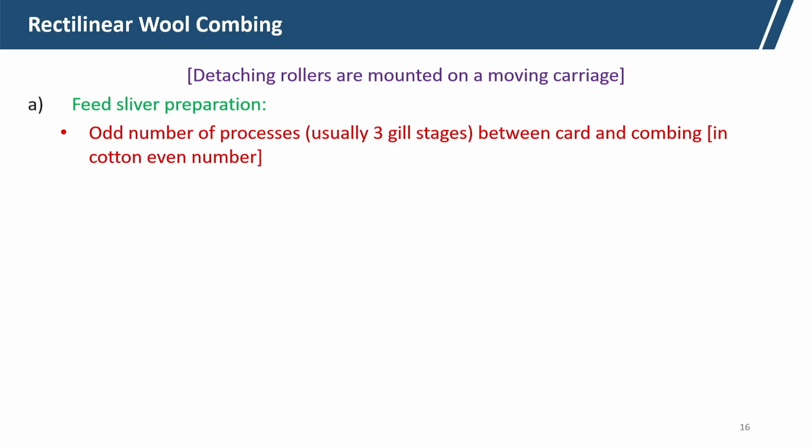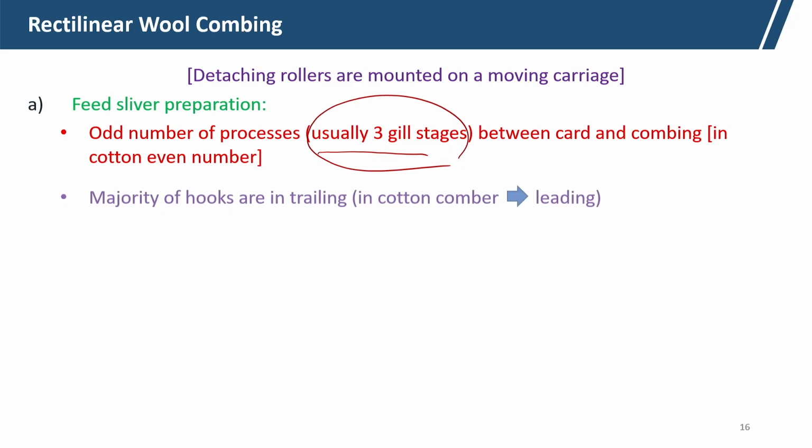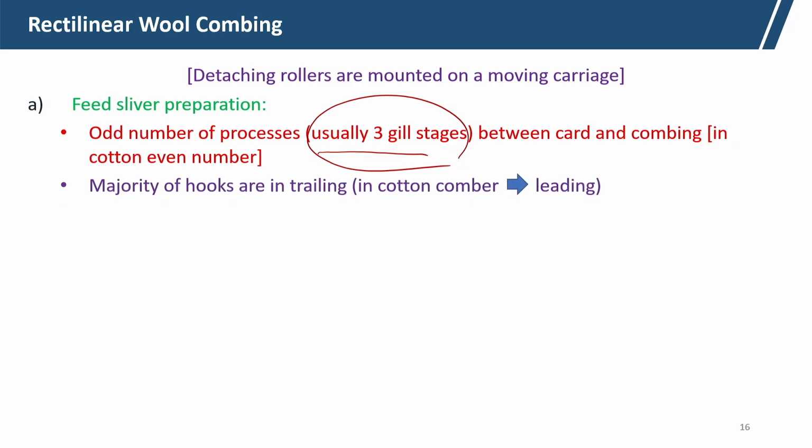So, odd number of processes are there in between the carding and combing. Typically 3 draw frame stages are given, so an odd number. The majority of hooks are in the trailing direction in the case of the cotton comber. So, in cotton combing we are feeding in the leading direction, that I have mentioned.